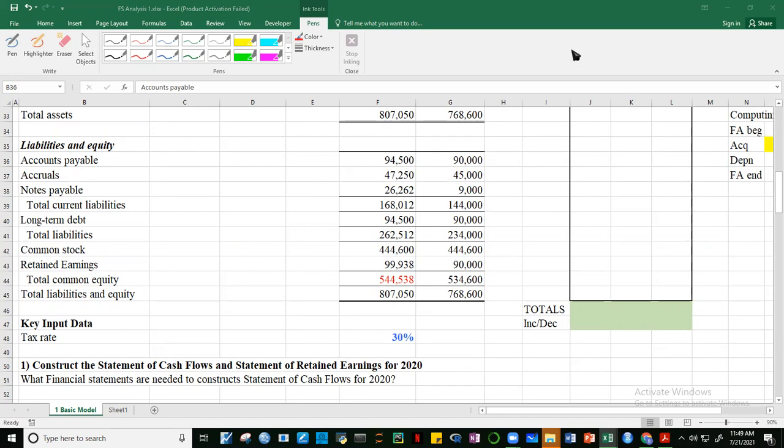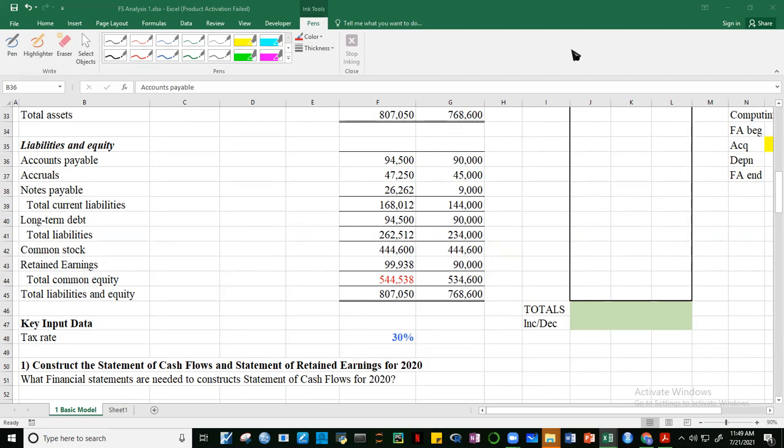And then accruals, ano yung accruals? Accruals, guys, are expenses that have already been incurred but not yet paid.